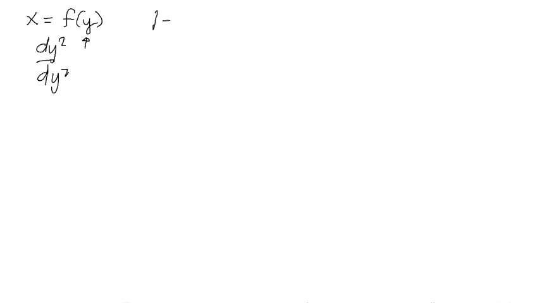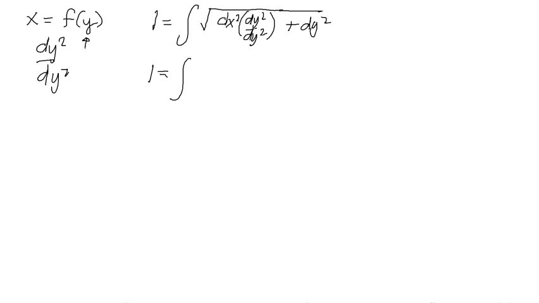So our length of the curve is equal to the integration of the square root of dx squared times dy squared all over dy squared plus dy squared. So we need to factor out dy squared in our equation here. So we have the integration of the square root of dy. Okay, let's have dx first.